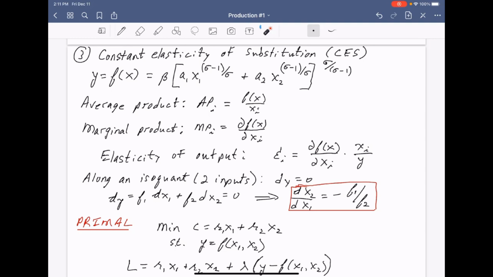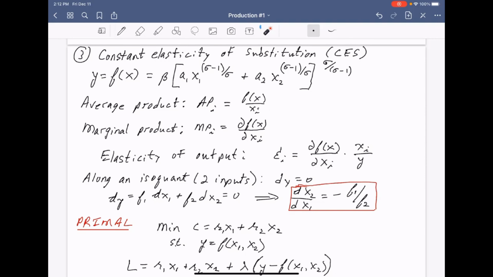Now we know that along any isoquant, if we have two inputs, dy must be 0, so we find dy equals the marginal product of 1 times dx1 plus the marginal product of 2 times dx2 equals 0. From that, we find that dx2 over dx1, which is the slope of the isoquant given by the rise, dx2, over the run, dx1, is equal to minus f1 over f2.